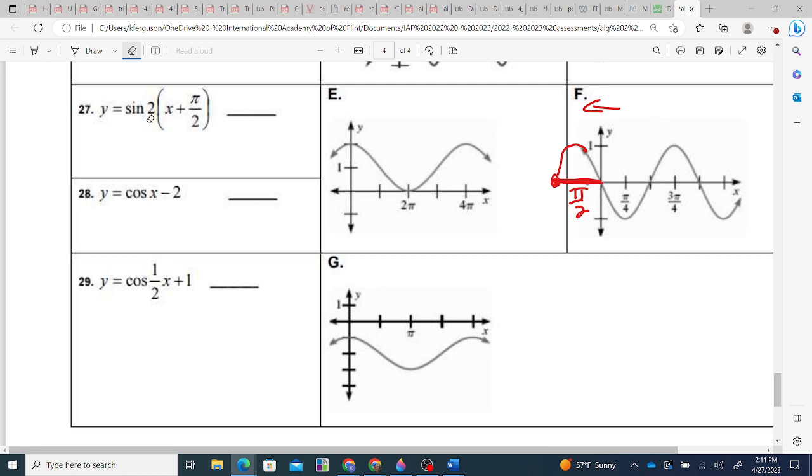Let's see what else we got. The frequency is 2. So that means that the cycle is pi. Right here, that's pi. Because this is 1/4, this is 2/4, this is 3/4. So what would this be? Yep, 4/4. So pi over 4, pi over 2, 3 pi over 4, and pi, or 4 pi over 4. So yep, that's F.